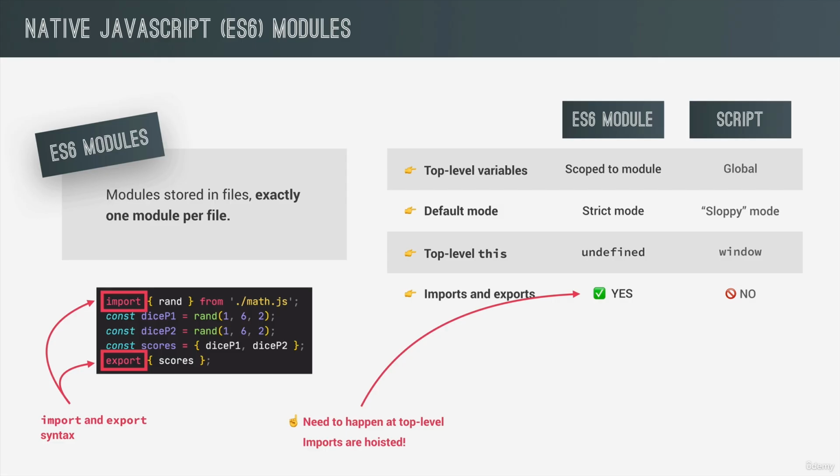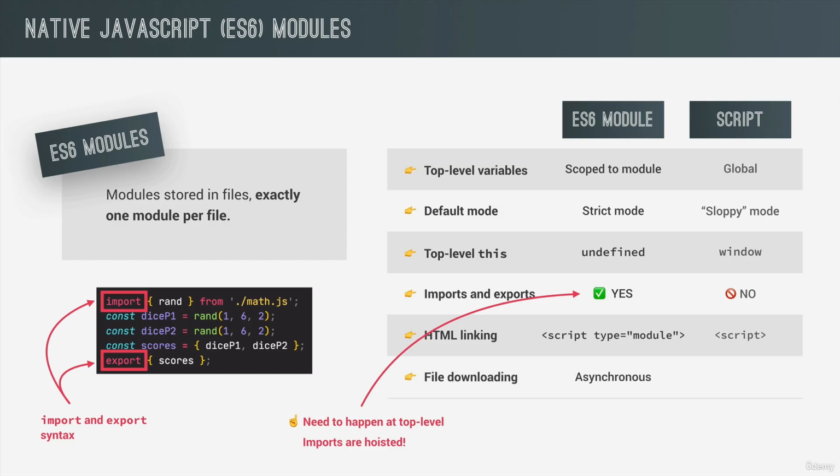Okay, now in order to link a module to an HTML file, we need to use the script tag with the type attribute set to module instead of just a plain script tag. And finally, about downloading the module files themselves, this always automatically happens in an asynchronous way. And this is true for a module loaded from HTML, as well as for modules that are loaded by importing one module into another using the import syntax.